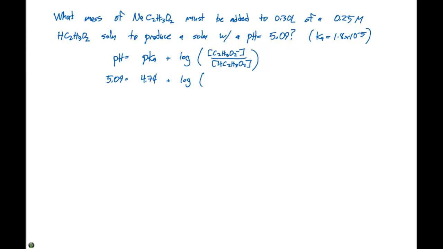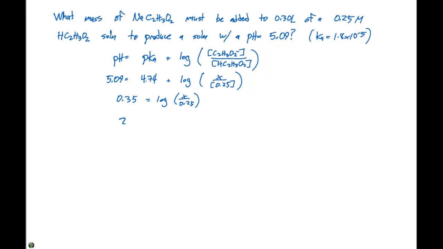That's going to be plus the log of X, which we'll say is the concentration of the acetate ion, divided by the concentration of the acetic acid, which is 0.25 molar. If we rearrange this equation, we get 0.35 equals the log of X divided by 0.25.